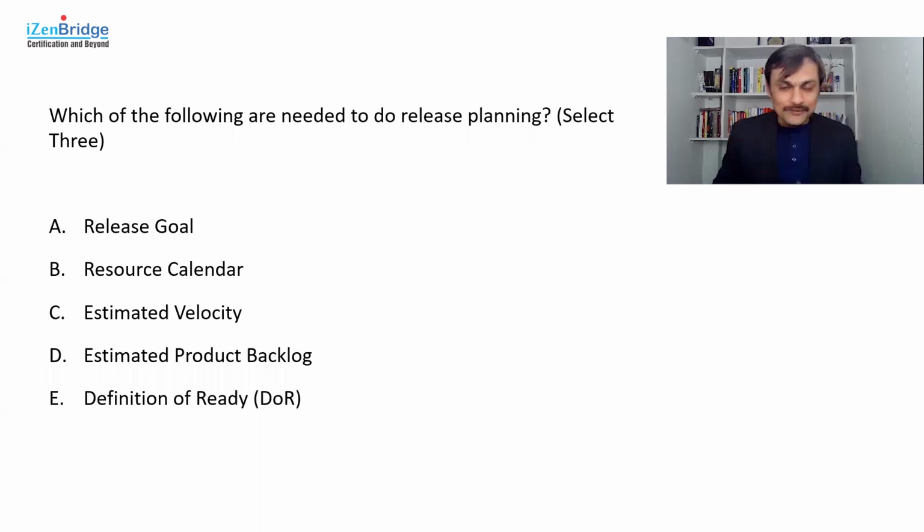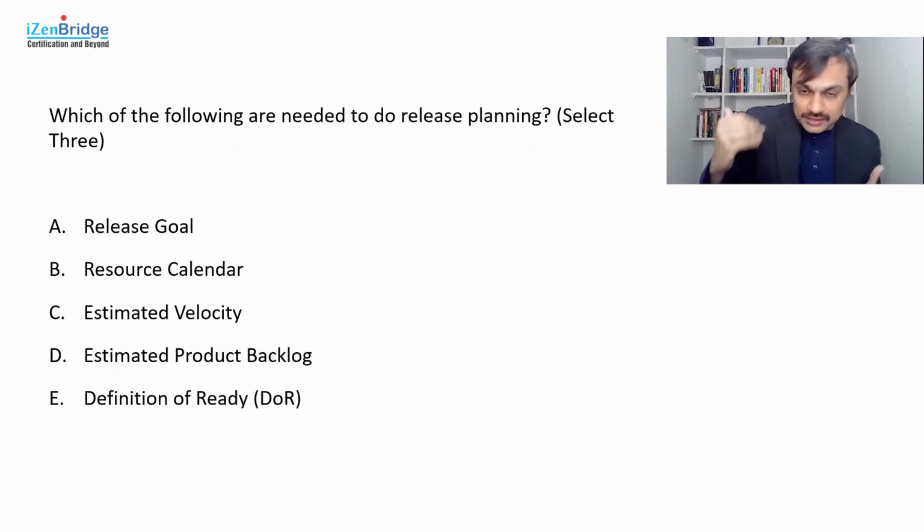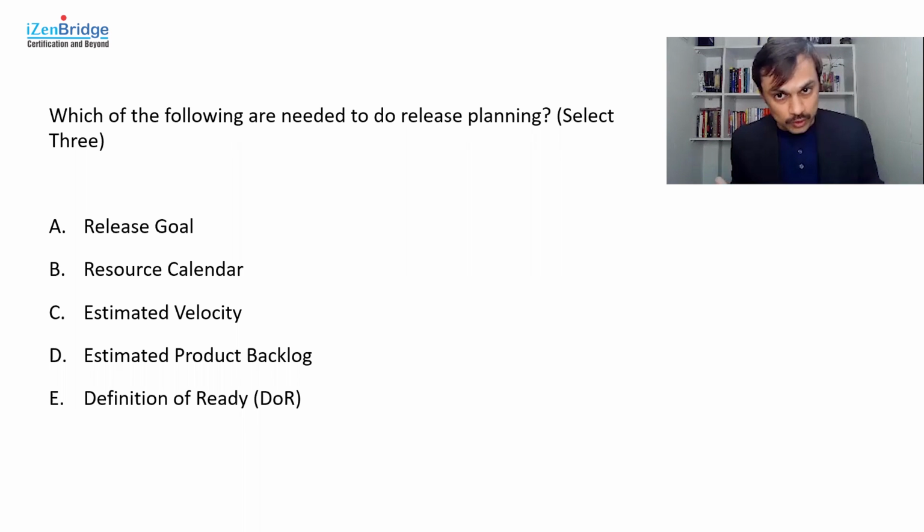Okay, let's go one by one. So release goal is the starting point. You have to do a release planning. You need to know what is the goal of this particular release. So goals could be that we want to make our system compliant with a newly published change by the regulators. That could be a release goal. The goal could be that we want to have a fundamental functionality out in the market so that people start using it.